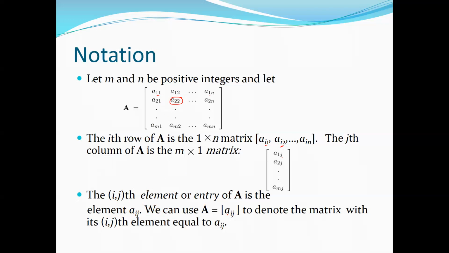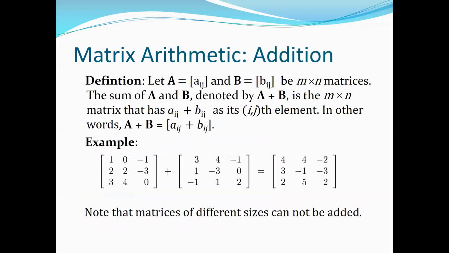We can use A equal to Aij to denote the matrix with its i comma jth element equal to Aij. That's how we represent the whole matrix, by the location of each element. We will definitely see some examples to understand that.